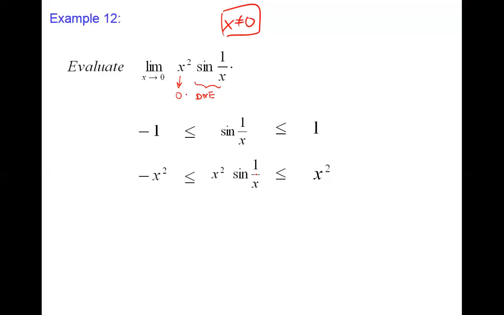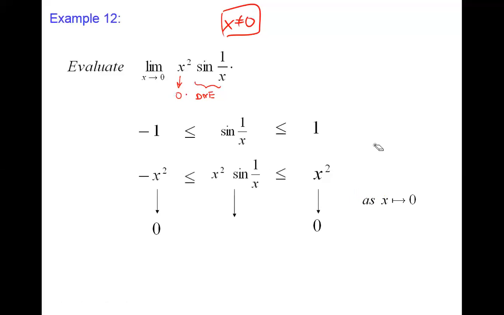And now I will calculate a limit at 0, okay, as x approaches 0, x squared goes to 0 and negative x squared goes to 0. That means bingo. Both of the limits are the same. Everything that is between must have the same limit.